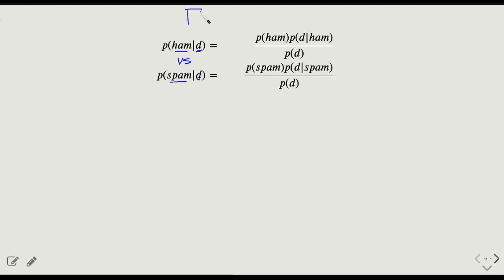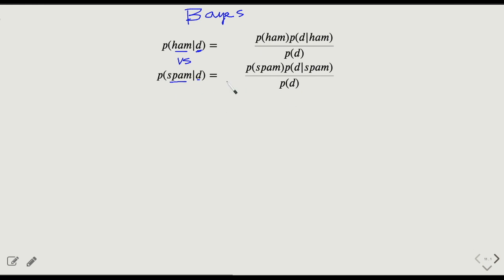Based on the Bayes theorem, this conditional probability of ham given D can be computed by P(ham), the probability of encountering a ham, times the probability of D given ham, or the likelihood for a ham email to have this exact configuration or exact occurrences of terms for the document in question.